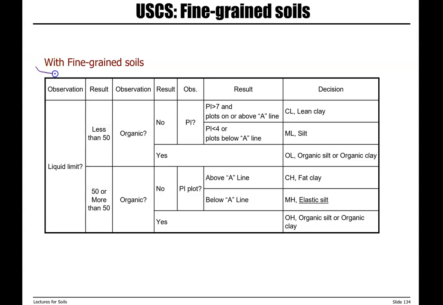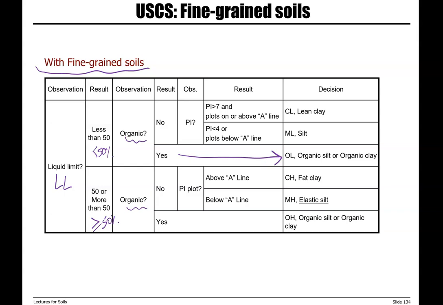So with fine-grained soil, we will look at liquid limit less than 50%, equal or more than 50%. We need to answer the question, do we have high content of organic material?